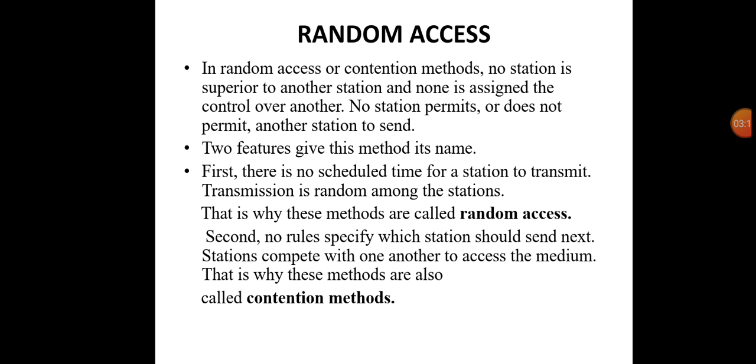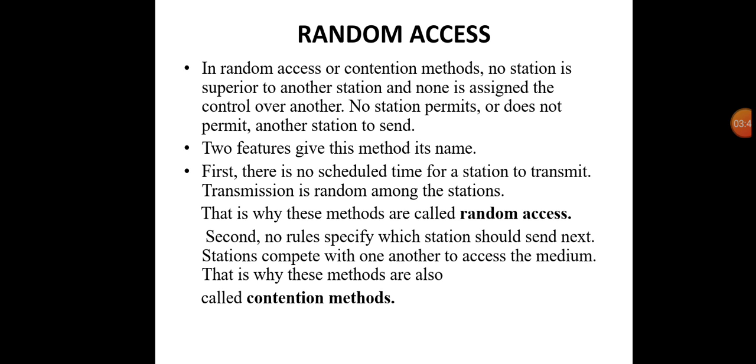Random access. In a random access or contention method, no station is superior to another station, and none is assigned control over another. No station permits or does not permit another station to send. Two features give this method its name. First, there is no scheduled time for a station to transmit.